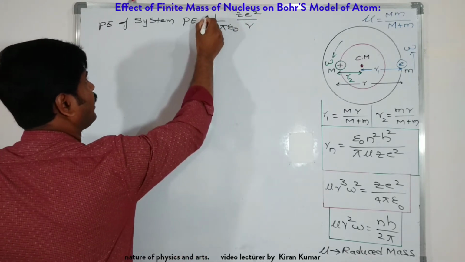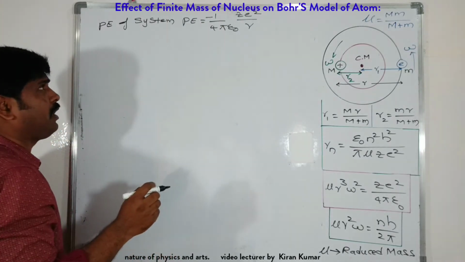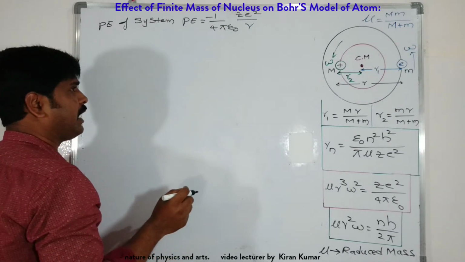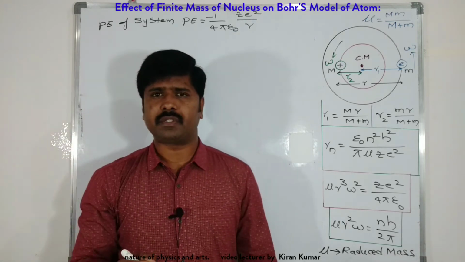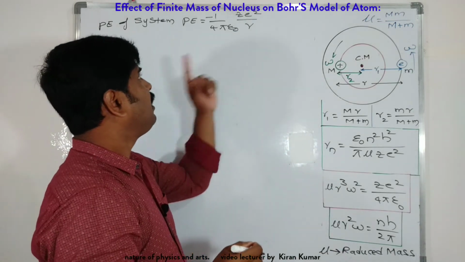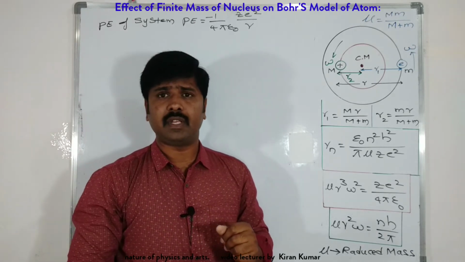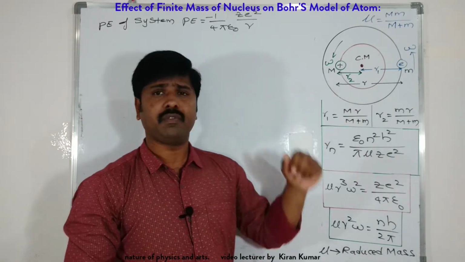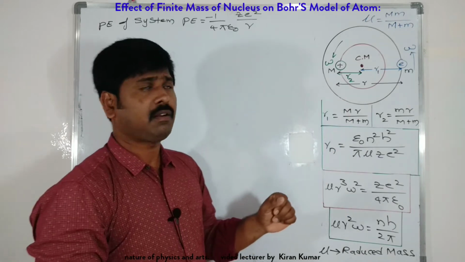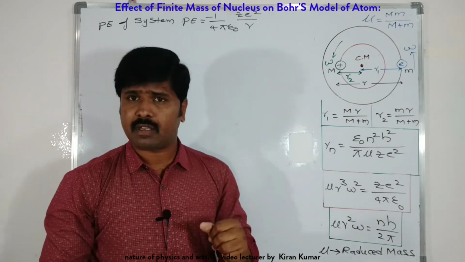Here I am considering the negative sign, because it is potential energy against the electrostatic force. Here Q1 is Ze and Q2 is the charge of the electron. r is the distance between the nucleus and electron. 1 by 4 pi epsilon naught is a constant.